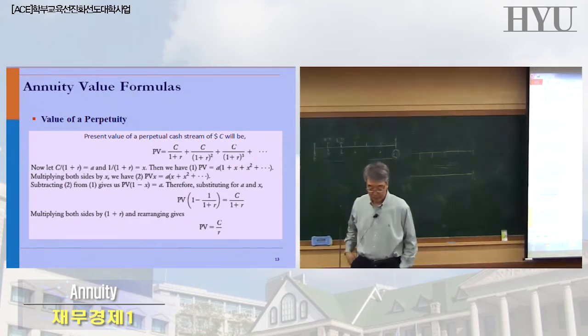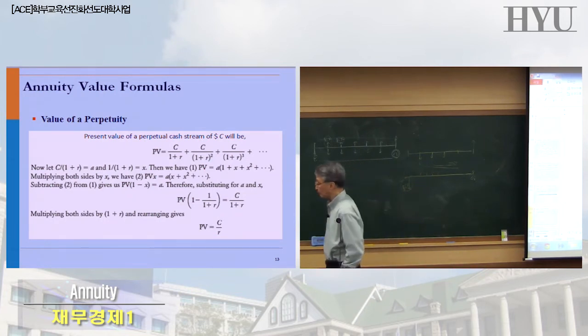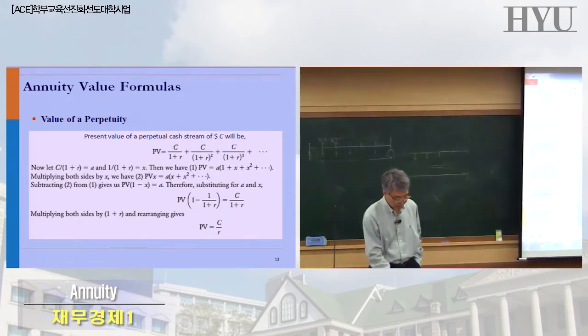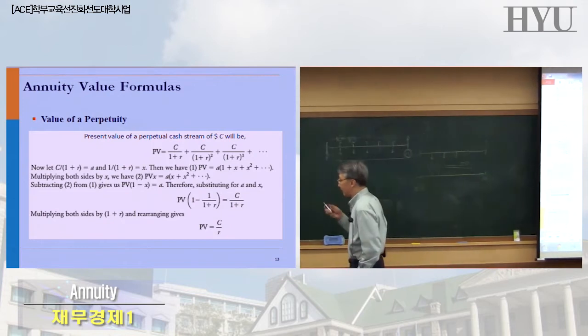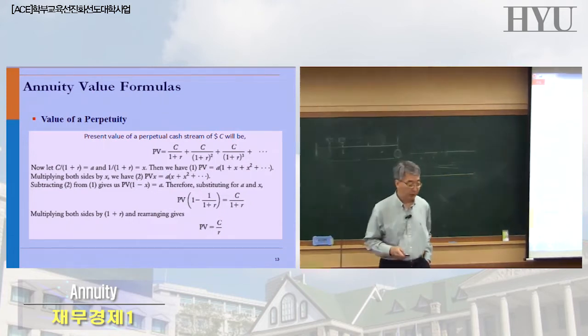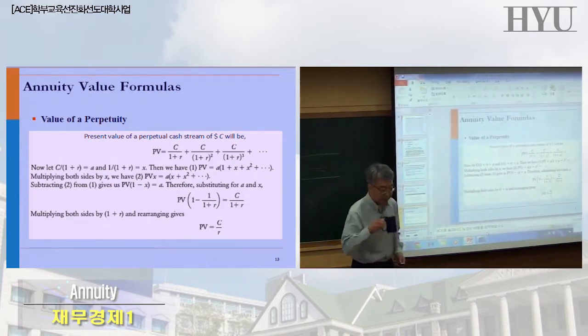So I have copied this material from some other textbook, and let me just briefly try to explain how the formula has been obtained. In order to understand that formula, you have to first understand the concept of perpetuity. This is actually the topic of chapter 6 when we deal with bonds.